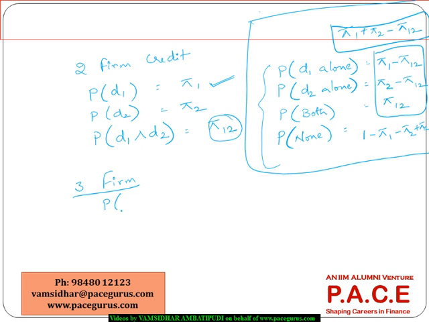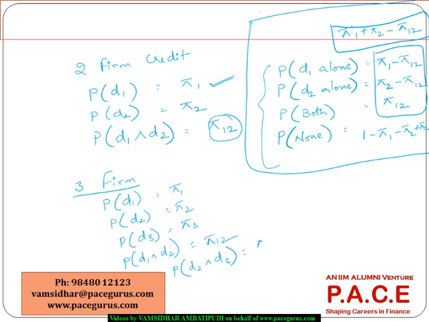Okay, the probability of default for the first firm, pi 1. Probability of default for the second firm, pi 2. Probability of default for the third, pi 3. First and second, right? Probability of default for the first and second, pi 12. Probability of default for second and third, you'll find so many combinations that have to be found out, pi 13.